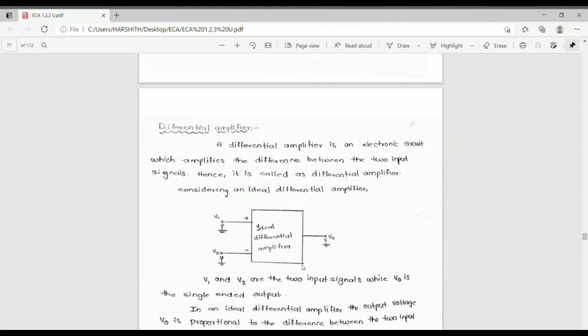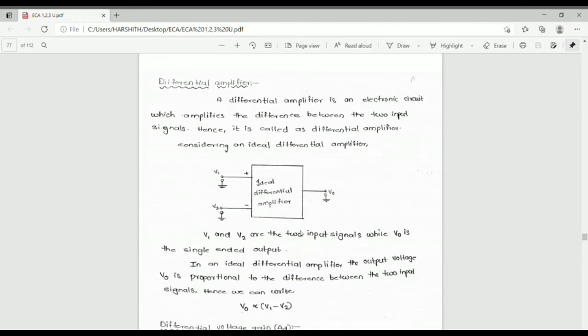Considering an ideal differential amplifier, this is V1 and this is V2. From this difference we get V0, so V0 equals V1 minus V2. V1 and V2 are the two input signals and V0 is the single ended output.